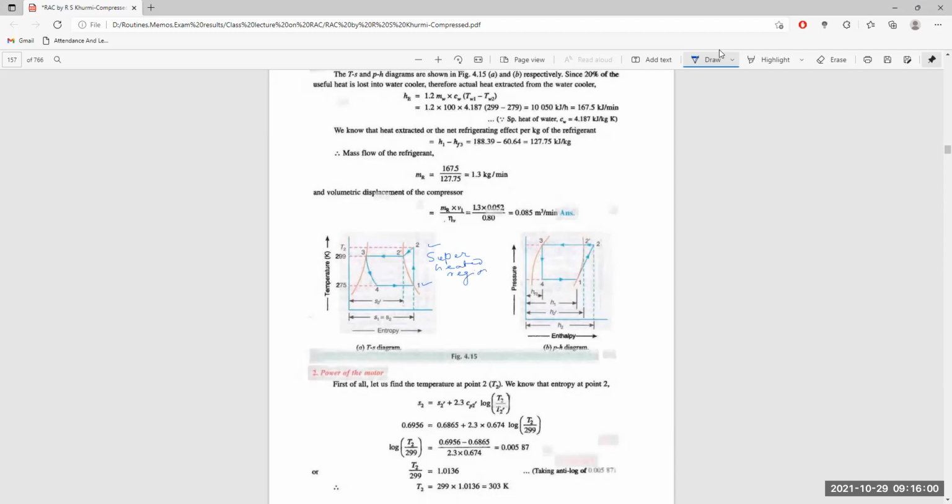Now, what is superheated? If a certain fluid in vaporized state is heated more than its boiling point, it is called the superheated state. All the points over this vapor saturation line in this diagram are totally saturated vapor at their boiling point.